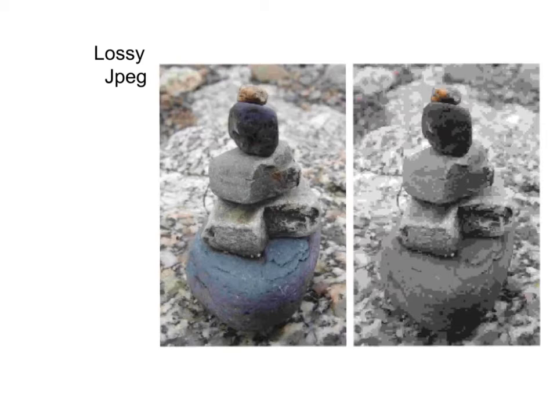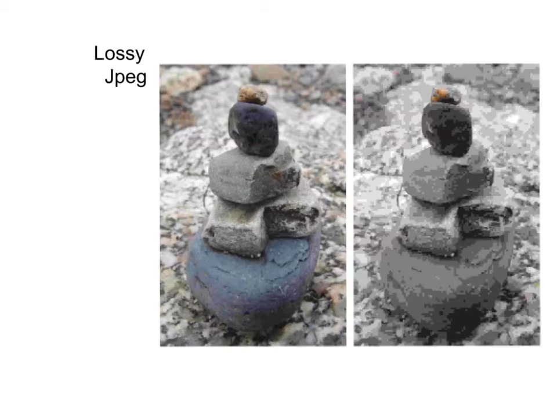So what happens with lossy compression is sometimes you get something called compression artifacts, particularly if you save a file as a JPEG. In Photoshop, for example, you can set the level of compression, and the lower level of quality means the more compressed it is.